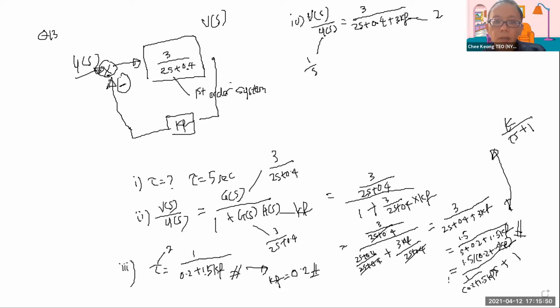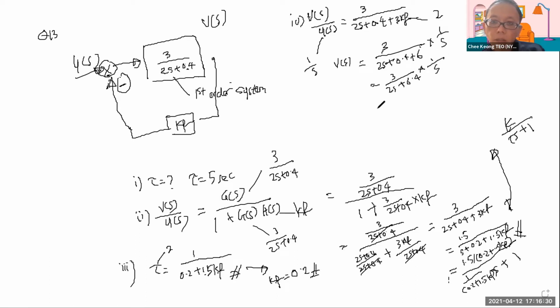Now, V(s) will be equal to 3 over 2s plus 0.4, plus 3 times 2 is 6, and multiply by 1 over s, because you bring your 1 over s over here. So essentially what you are getting is 3 over 2s plus 6.4, multiplied by 1 over s.